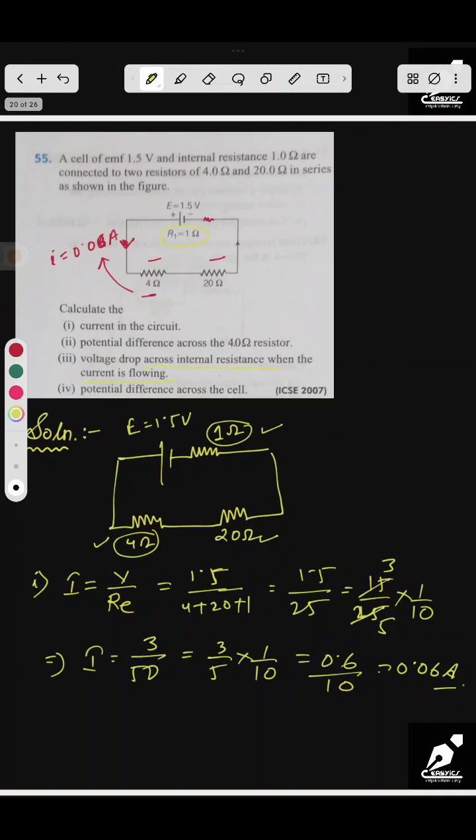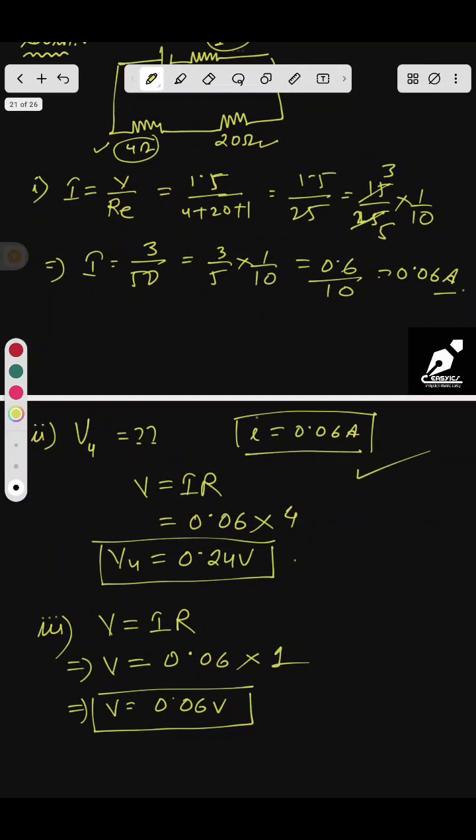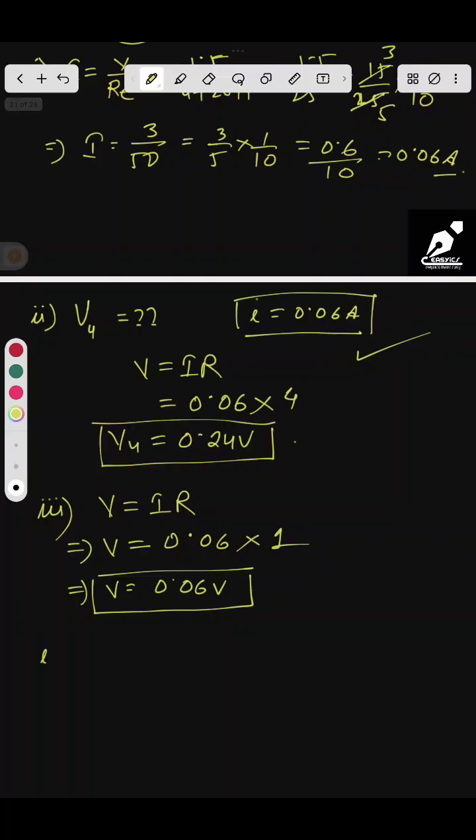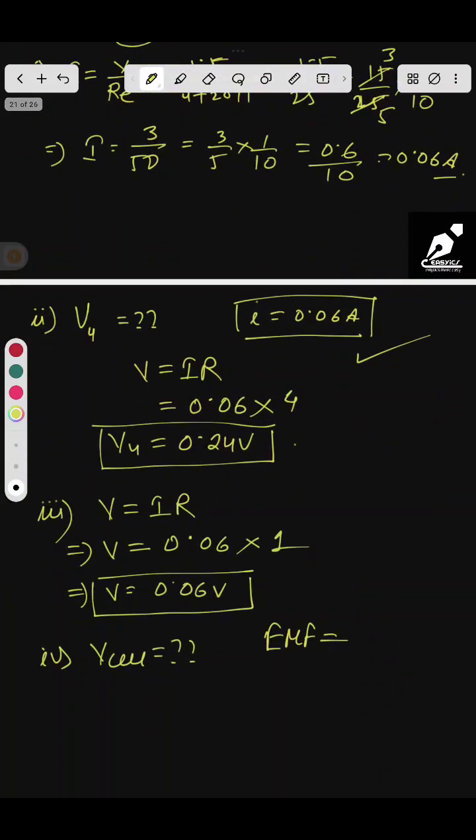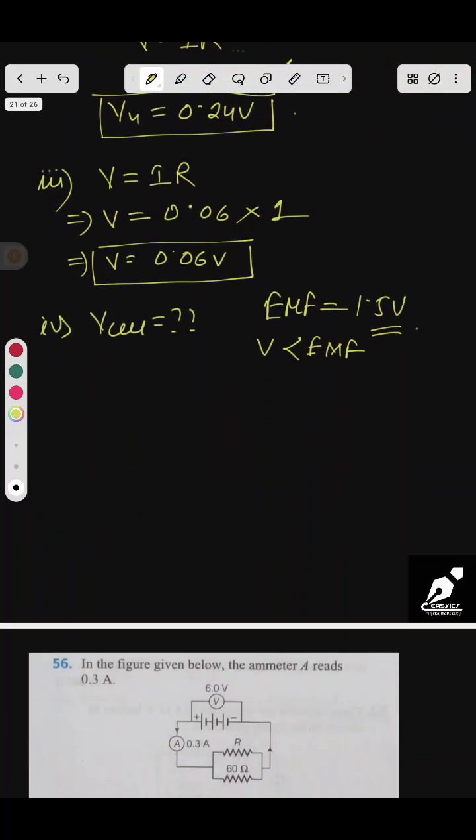And the potential difference across the cell we need to calculate. Okay, potential difference of the cell. EMF of the cell is given as how much? 1.5 volt. By this time we know the V will be less than EMF. Let us check again.